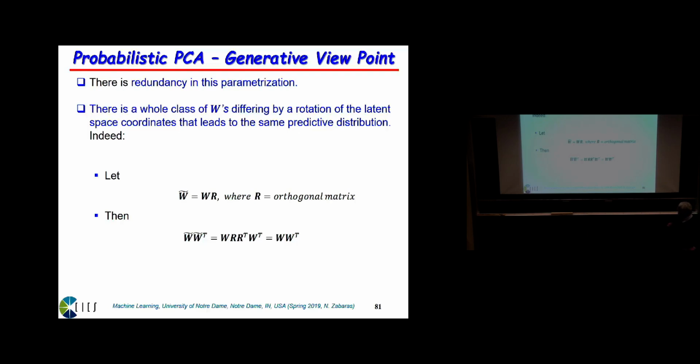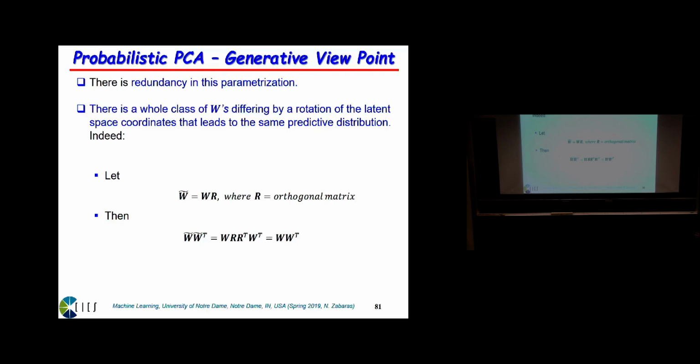So if you do optimization to calculate W, which W are you computing? There is a missing rotation there. In principle, there is nothing you can do about this, so that rotation cannot be calculated.